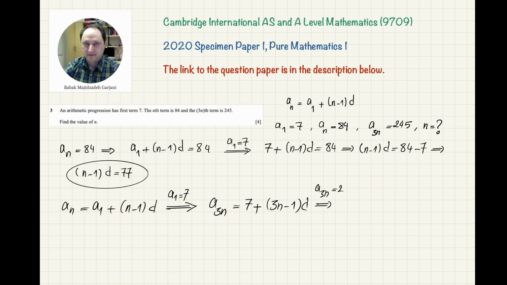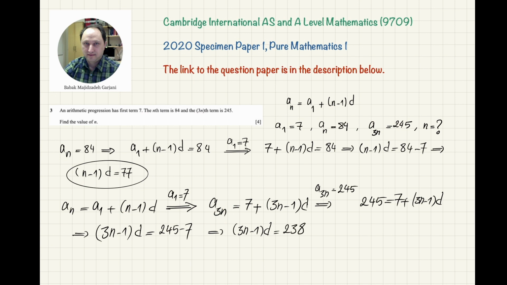It's 245. So this means that 245 is equal to 7 plus 3n minus 1 d. If I move 7 to the left hand side, I will have 3n minus 1 d is equal to 245 minus 7, which is 238. So this is also another equation.